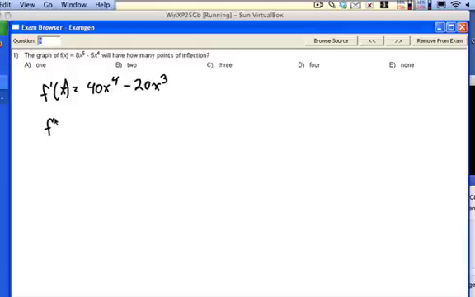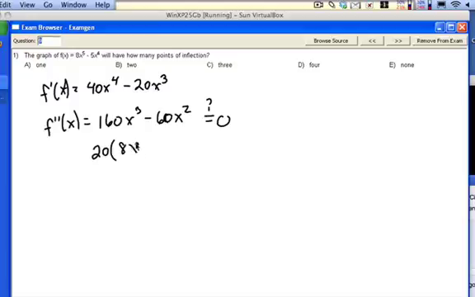And then remember, inflection points happen when the second derivative is 0. So let's look at 160x cubed minus 60x squared. Okay, when does this equal 0? Let's see what happens if we factor it out. We end up with, looks like, 20 times 8x cubed minus 3x squared.